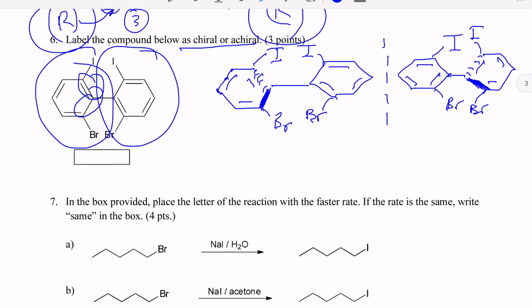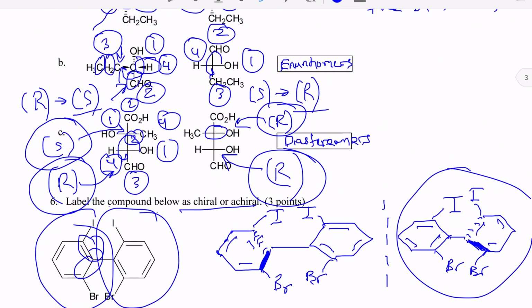So what that means is if I try to make this molecule in the same orientation as this molecule, are all the atoms going to be exactly where they were initially?